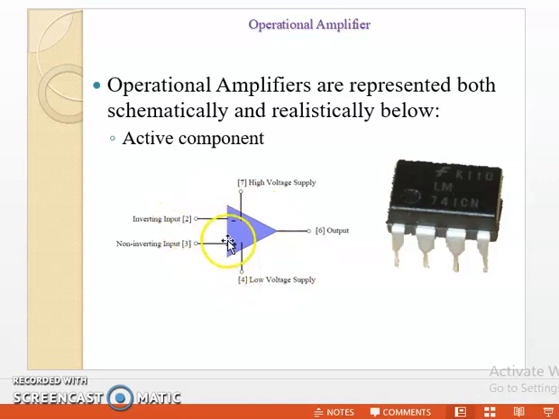There are two inputs, minus and plus, and one single-ended output. Here is the high voltage supply, low voltage supply, and this is how the op-amp realistically looks.